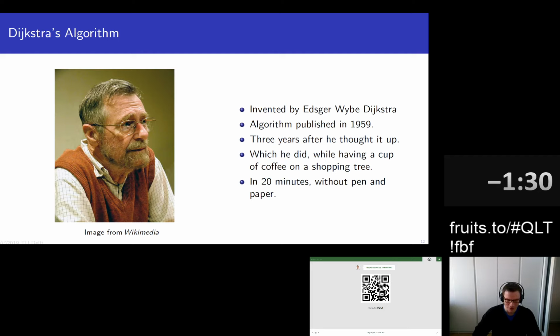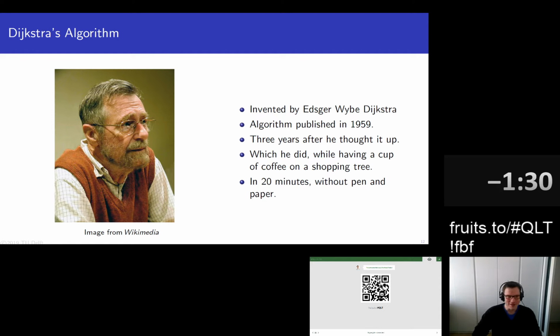He was thinking, okay, what's the quickest way for me to get out of here? I don't know if that's the right way of putting it, but he was thinking about this, and in just 20 minutes with a pen and a piece of paper, he wrote down what is now one of the most famous shortest path algorithms we have, namely Dijkstra's algorithm.